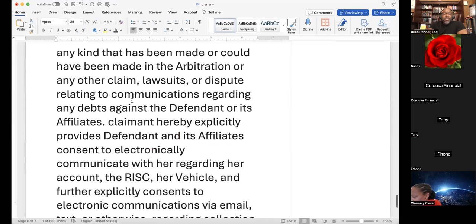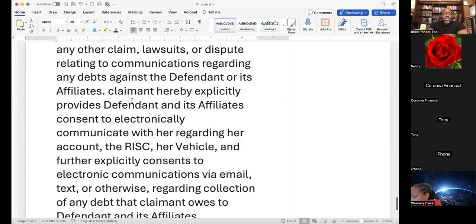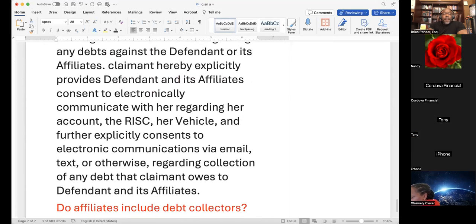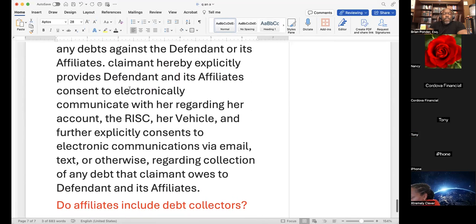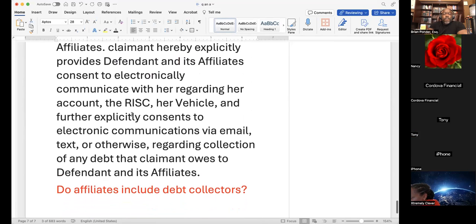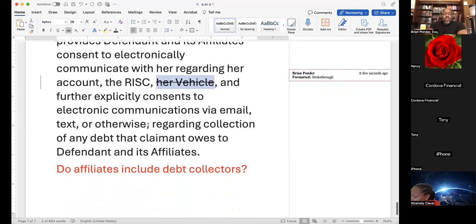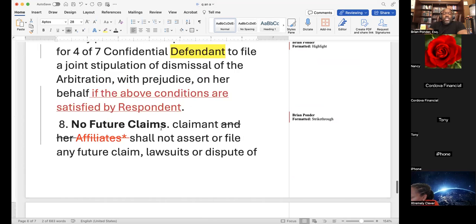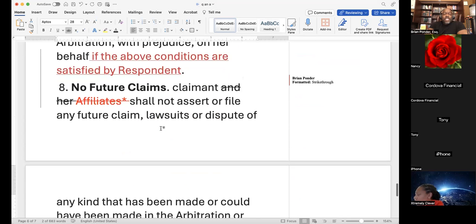That it could have been made in arbitration. All that is just stuff against their affiliates. Okay, well, let's be careful about this double talk about future claims, because they don't talk about Genesis and stuff over here.